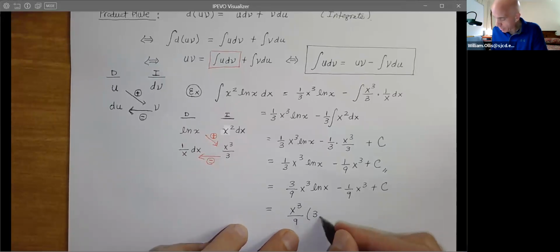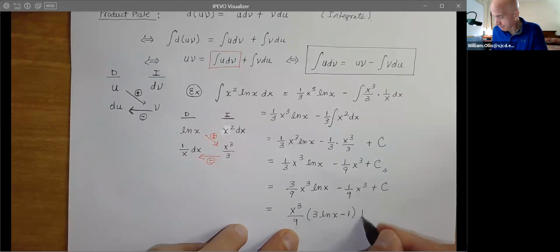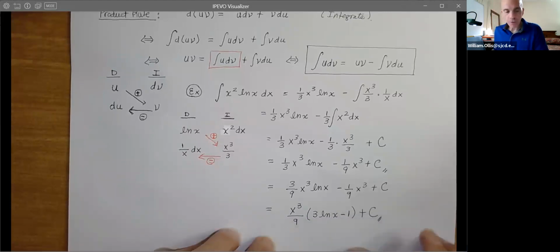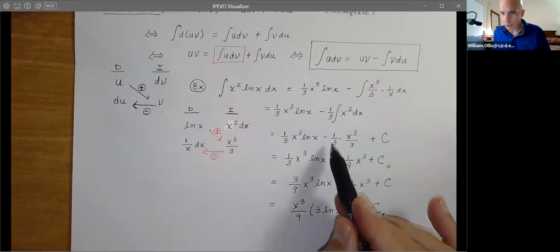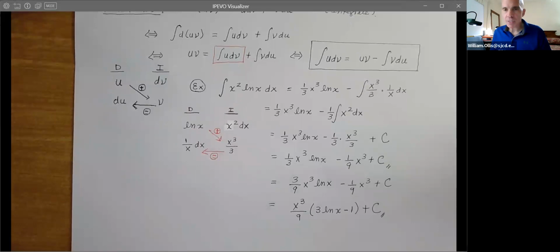So that leaves a 3 ln x minus 1. Now, of course, if you do this, that doesn't make it any more correct. You could clearly stop right here or right here. But sometimes it's just, you know, practice your algebra, make your formulas look nice and neat, but that's certainly not required, and WebAssign's not going to be upset if you don't do it.